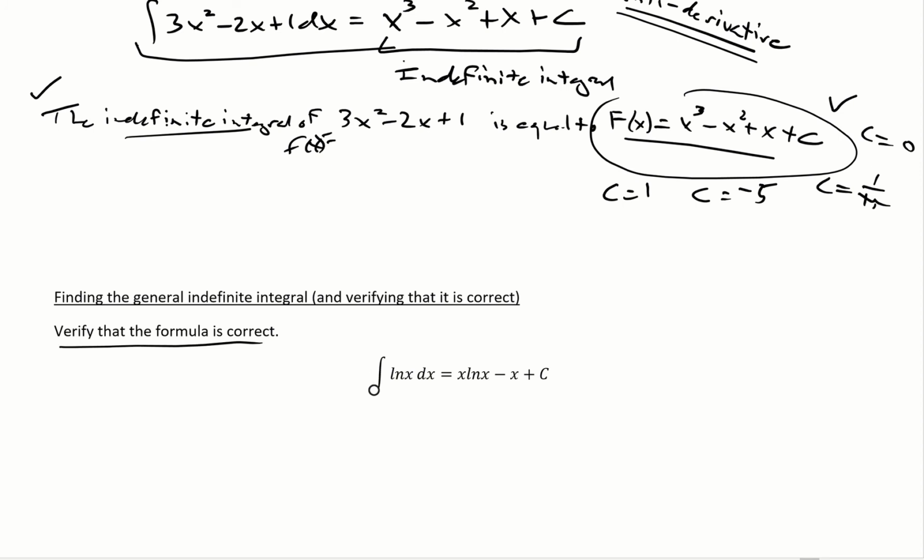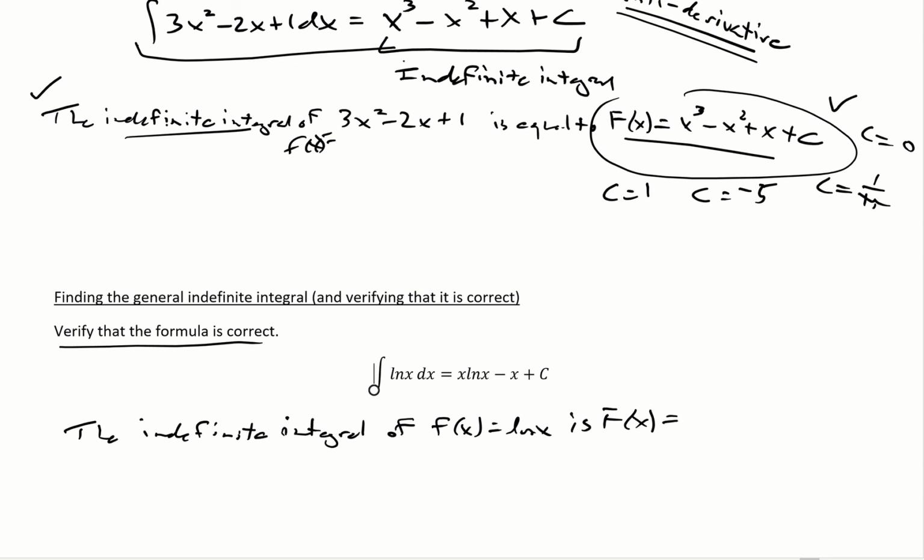And what it says is the antiderivative, it's claiming, the integral of the natural log of x, let's call him f of x, f of x equals the natural log of x, is capital F of x, this family of functions, x natural log of x minus x plus c. That's the claim. How do we see if it's true or not?